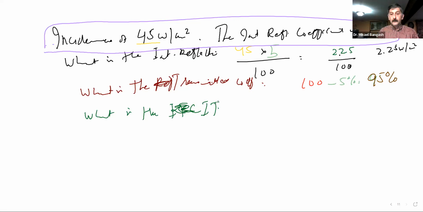Now you can do it two ways. You can say, what is 95% of 45? So based on that data, you got the 95% by subtracting this from 100%. But then you just use this 45 to calculate this.